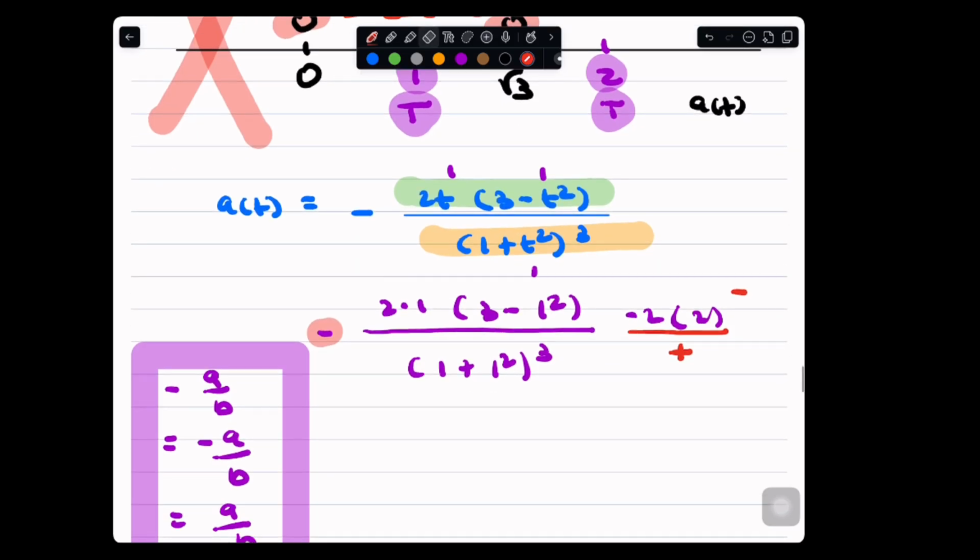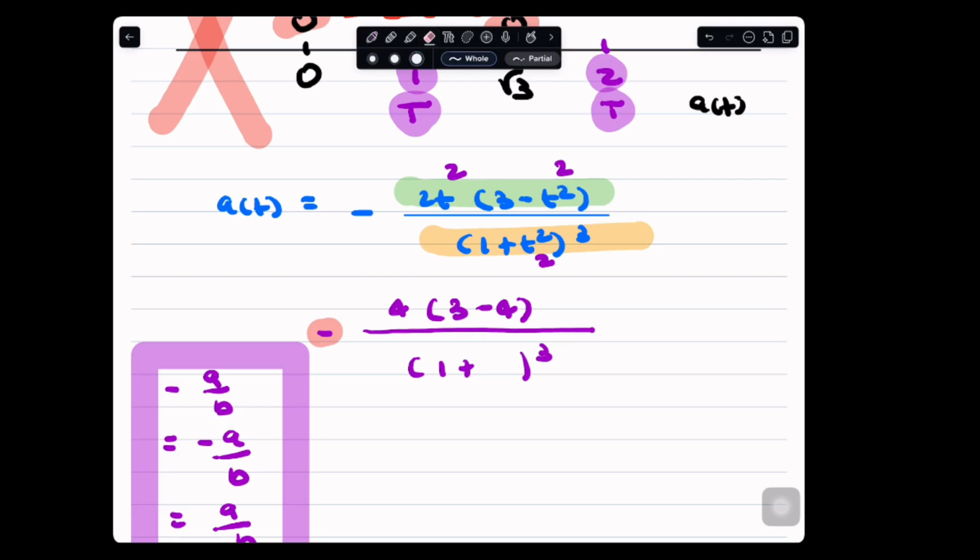Now do the same for 2. So plug in 2. Here, here, here. We get negative 4 times 3 minus 2 squared. Isn't that 4? 3 plus, let's see, 2 squared, that's 4.